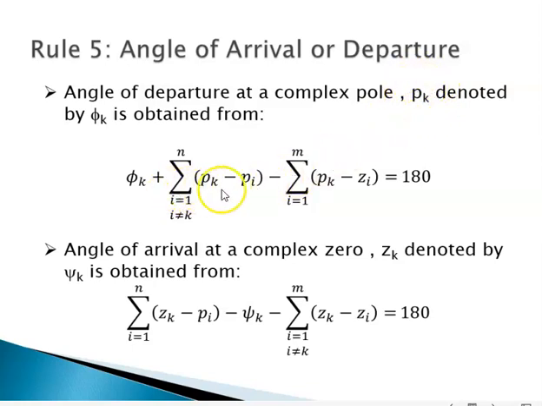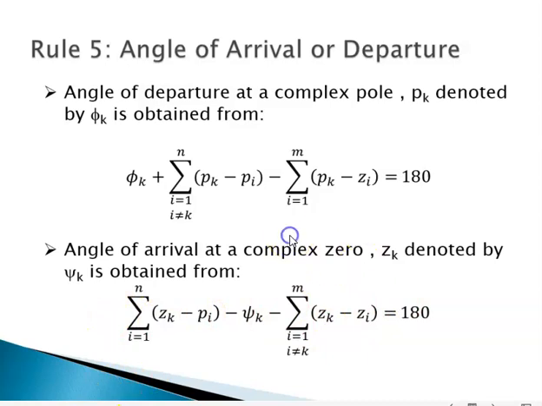Sum all these: pk minus p1, pk minus p2 and so on. Similarly pk minus z1, pk minus z2 and so on. But for pk itself you substitute pk. So just remember this. From this you will evaluate the angle of departure. Similarly, the angle of arrival you find from this.